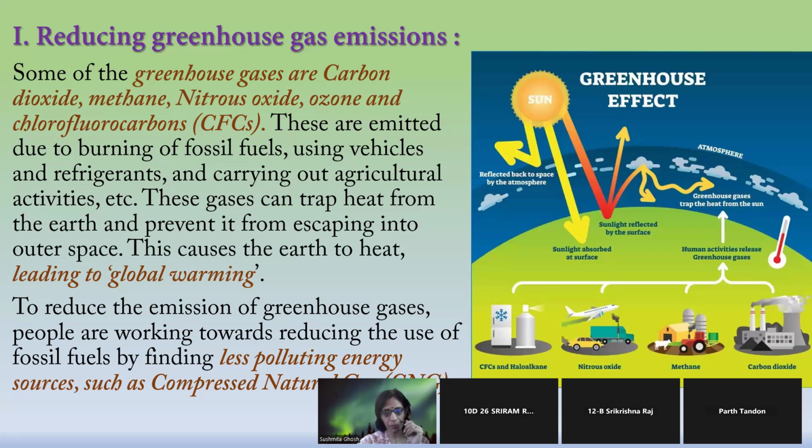Why? I've tried to give it in a basic diagrammatic manner that these greenhouse gases are getting trapped in the environment. They are not able to move out. And because of it, it is causing an increase in temperature.